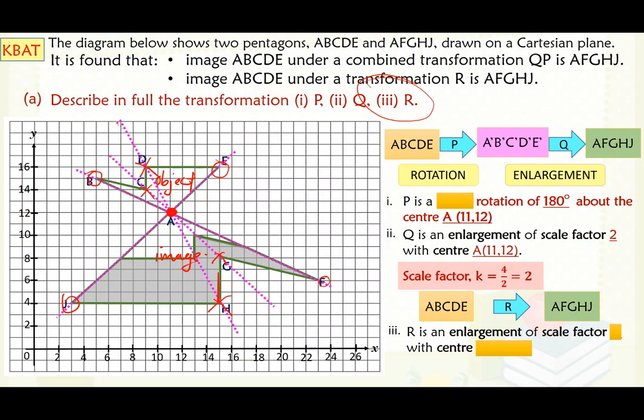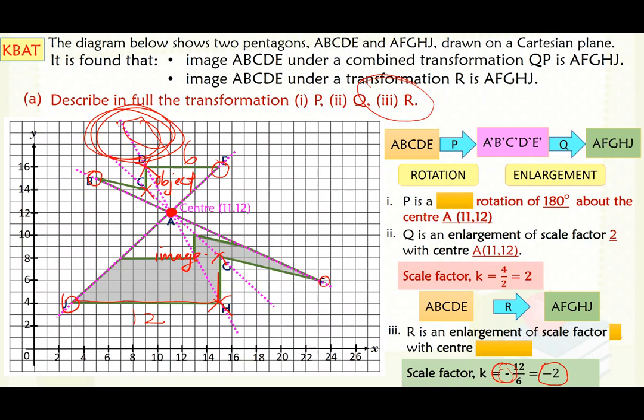I choose this length. The image is 12, the corresponding object length is 6, so it will become negative 2.